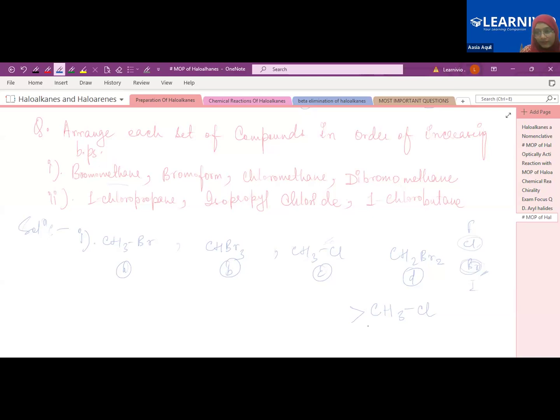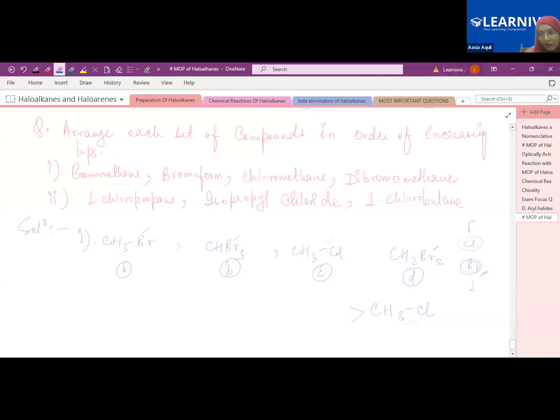See, first, why does this have the least boiling point? Understood or not? CH3Cl has the least boiling point. What's the reason? Because these three options have bromine: bromine three times in one, and two atoms of bromine here.